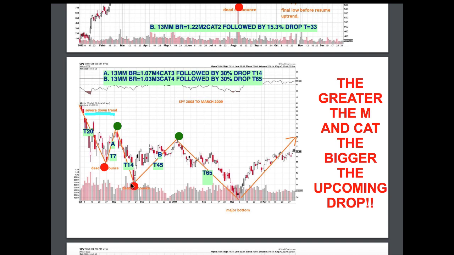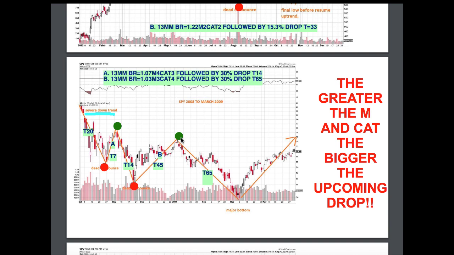As you can see in the prior case, after bounce A, things are happening rather quickly. You've got a sharp move lower of 30% within 14 days. So typically after bounce B, it does pay to increase the time frame on your options, because things are going to be overall moving lower, but they could take a longer time to do so.